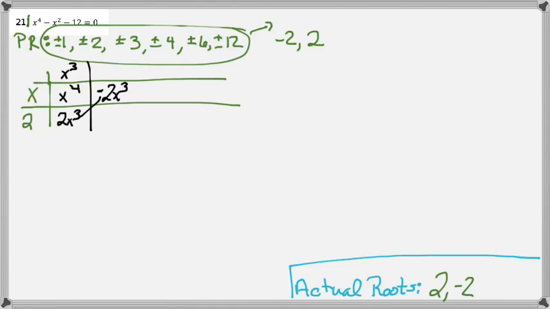And then divide, that gives me negative 2x squared. And then I am going to multiply, that gives me negative 4x squared. And I need to get that one down to where it is a negative 1, so a 3x squared. Then I'm going to divide, that gives me 3x.